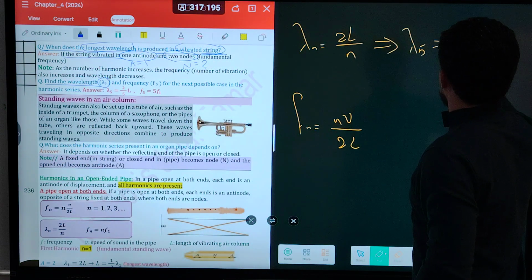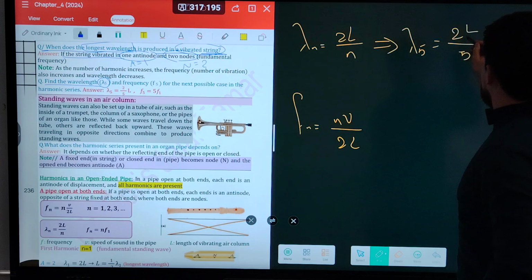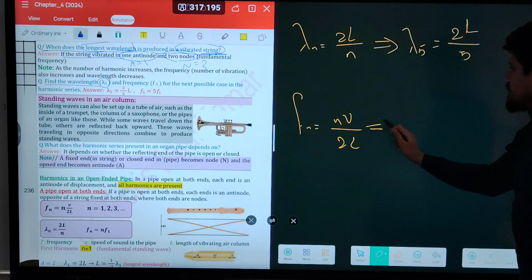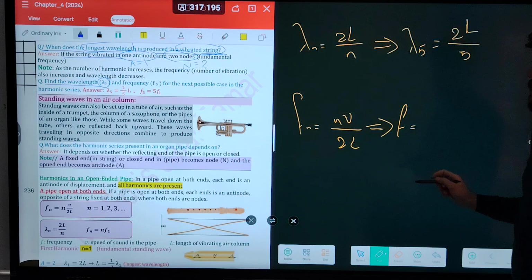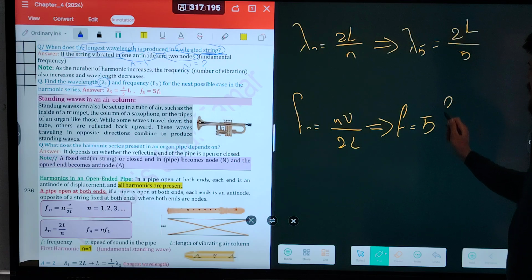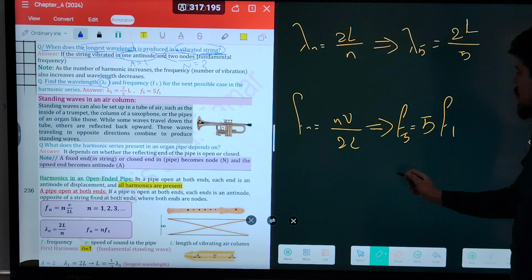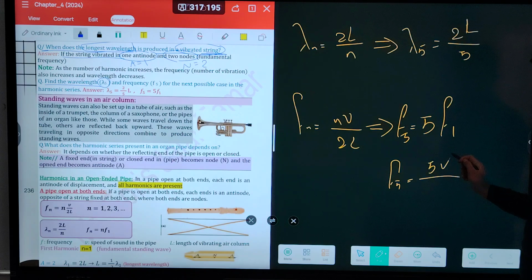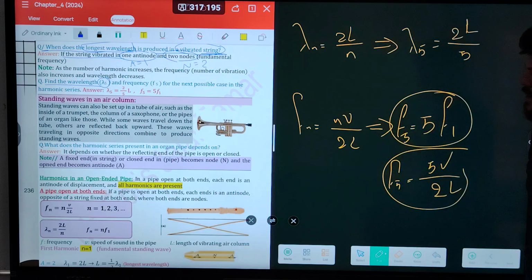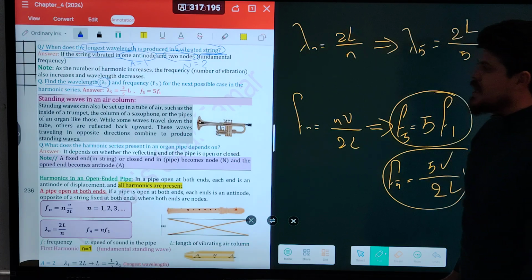Lambda for the fifth harmonic is equal to 2L over 5. And frequency for the fifth harmonic is equal to 5 f1, or you can say f5 is equal to 5v over 2L. Both are correct. Be careful. You can say f5 is equal to 5 f1 or 5v over 2L.